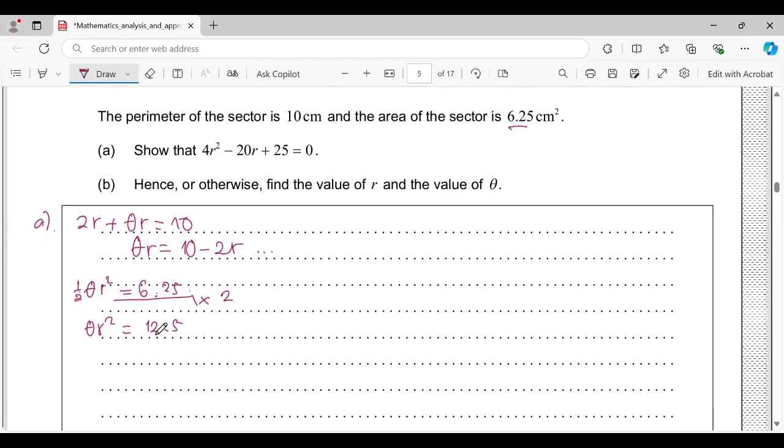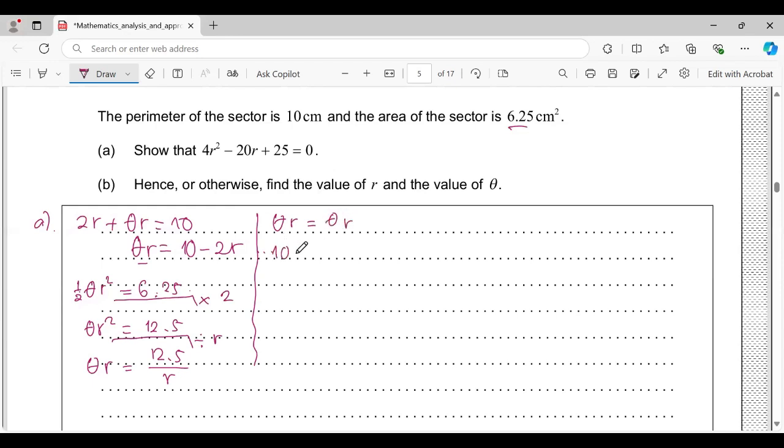And the next step, divided by R, theta R equals 12.5 over r. Now, this theta r equals 10 minus 2r. Theta r equals 12.5 over r. Theta r equals theta r.